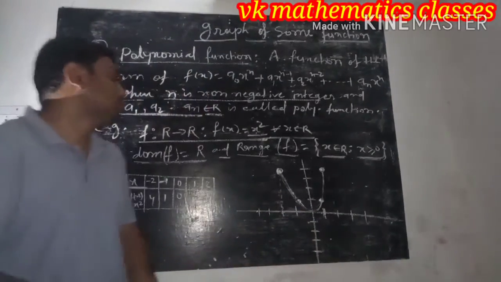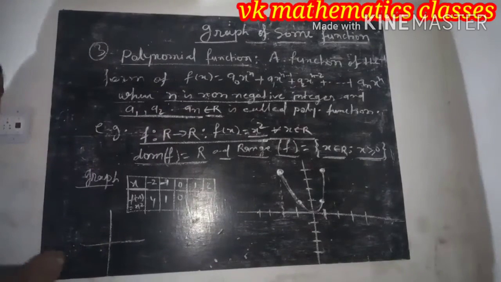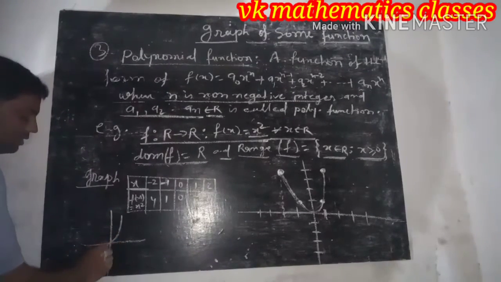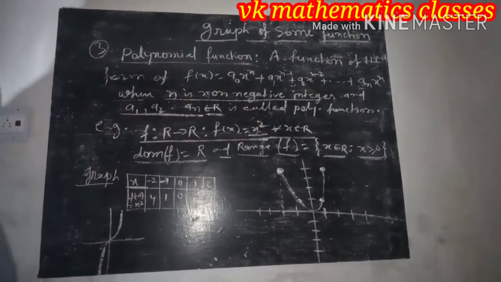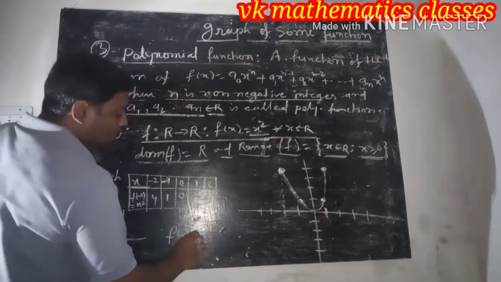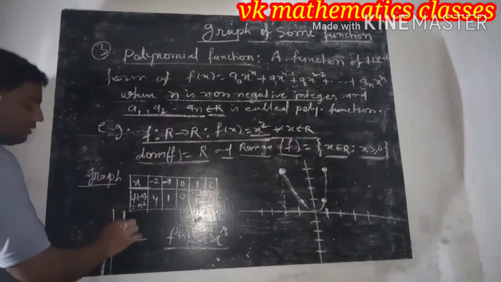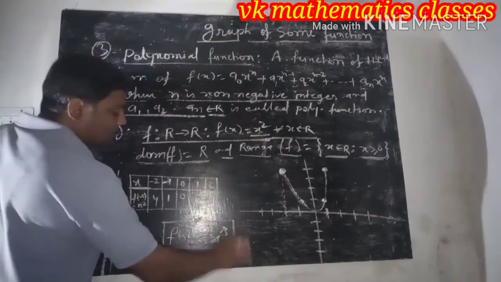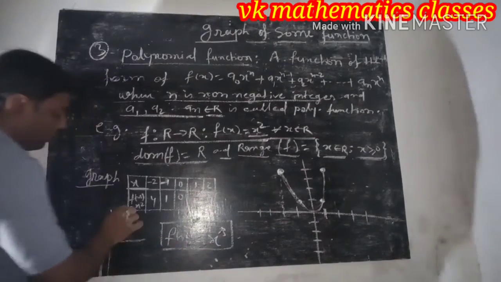The cubic has a graph of this form. This is the form of the cubic polynomial. If we draw carefully, suppose we take f(x) equals x cubed, this function is also known as a polynomial function, and its graph has this form.